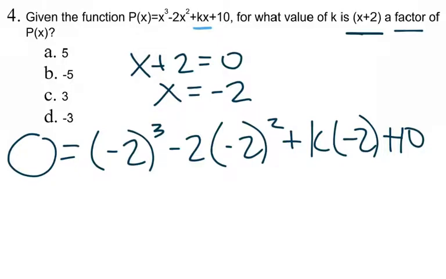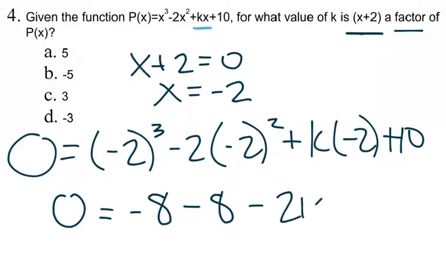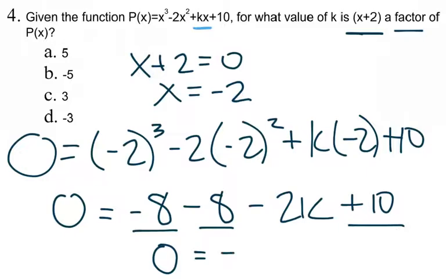So what I'm going to do is simplify all of this and work backwards to figure out what k equals. So 0 equals, this is -8. This becomes -8 plus, let me do this, k times -2 is -2k plus 10. I'm going to get all my like terms together. So -8 plus 10 is going to be a -6.